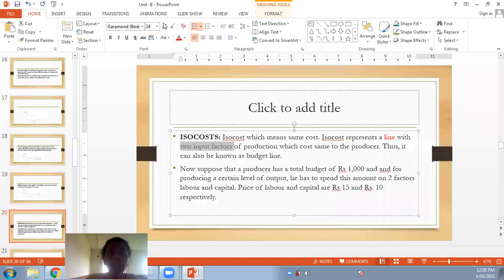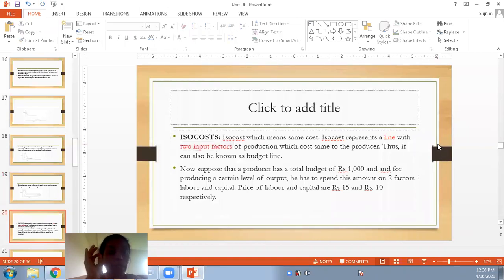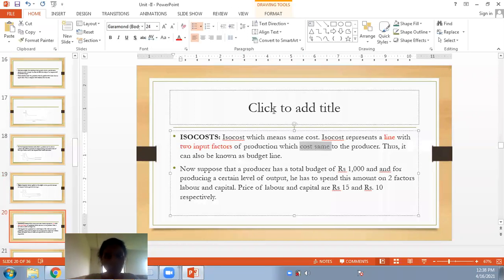As I said, isoquants and isocost explain the behavior of the long run production function with two variables. It is a line with two input factors of production where the cost of production will be the same.